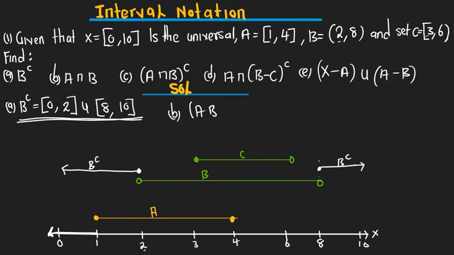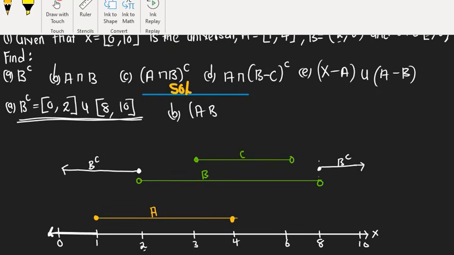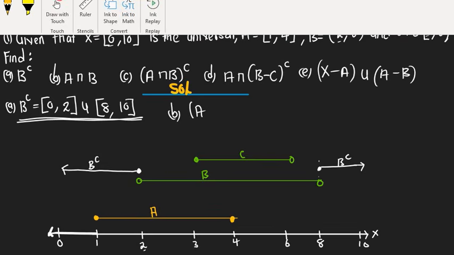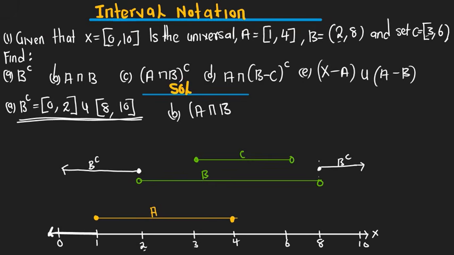A intersection B. So, A intersection B, check. Where is set A? Set A is the green line.